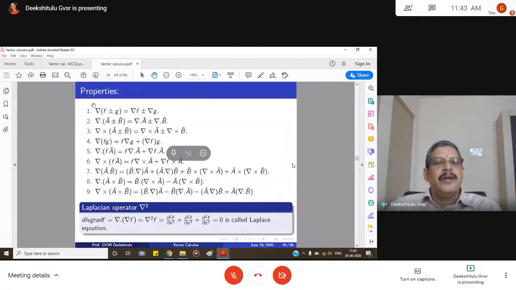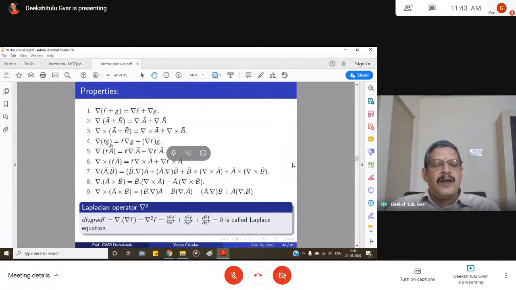So gradient of f plus or minus g is gradient of f plus or minus gradient of g. Divergence of A plus or minus B is equal to divergence of A plus or minus divergence of B. Curl of A plus or minus B is curl A plus or minus curl B. Gradient of fg is f into gradient g plus gradient f into g.